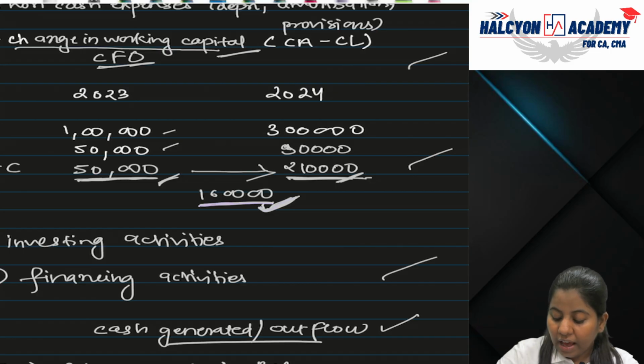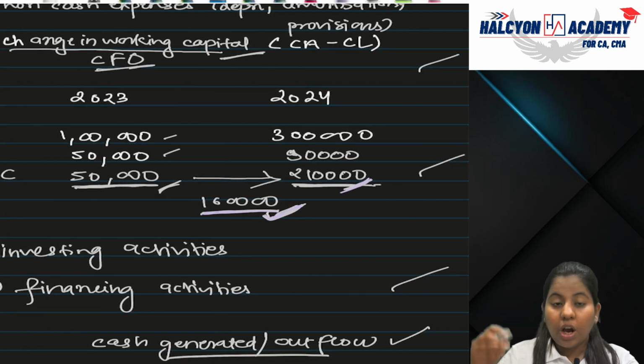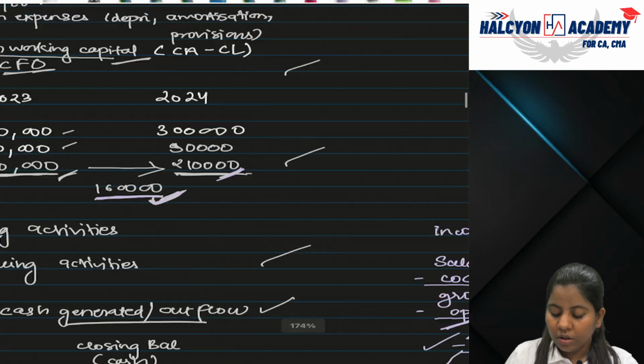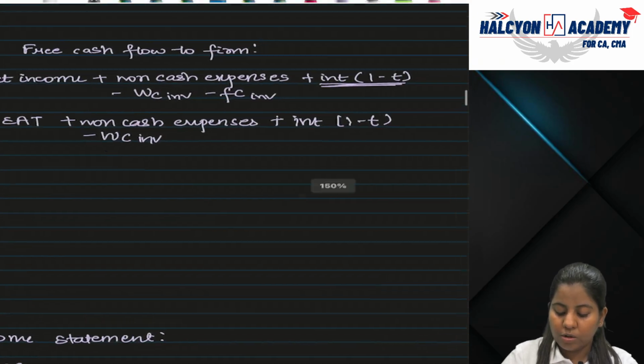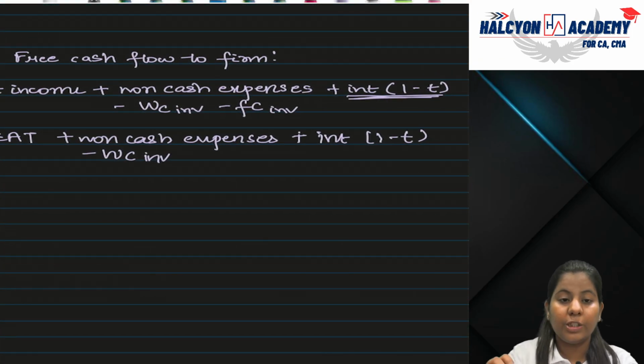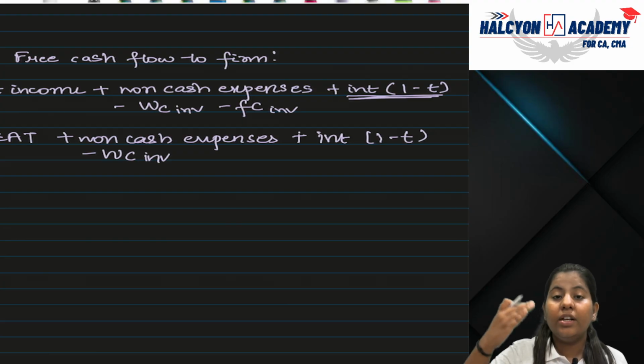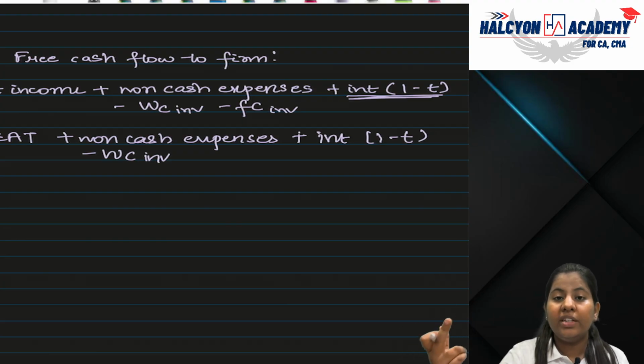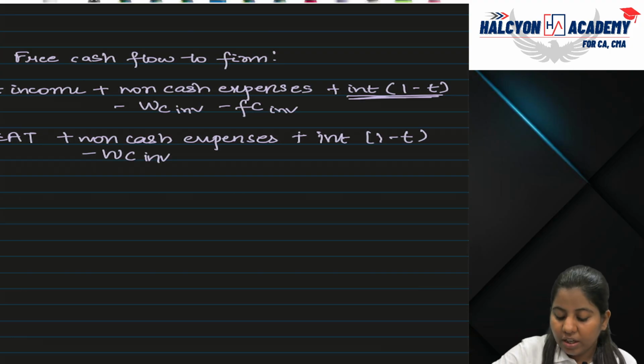So this is a cash outflow, so we will deduct it also. We have invested 1,60,000 more in working capital. That's an investment, which means cash outflow. So here we are going to deduct working capital investment also.